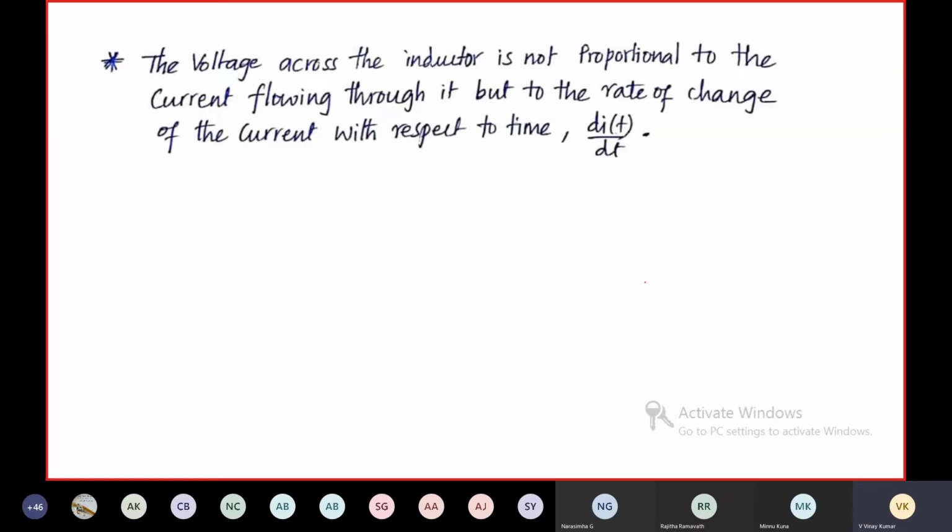Coming to the second property of the inductor.